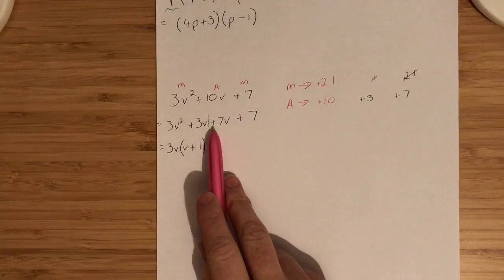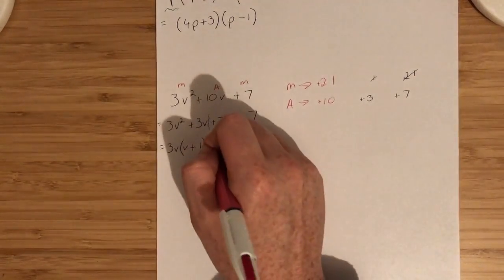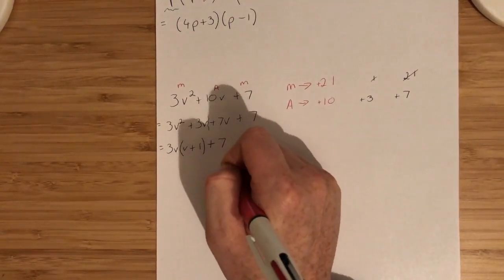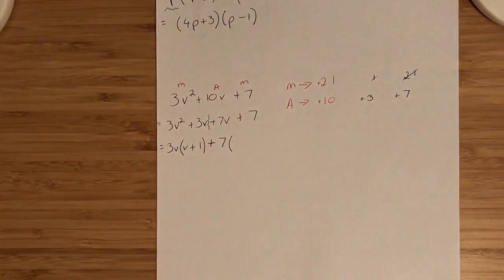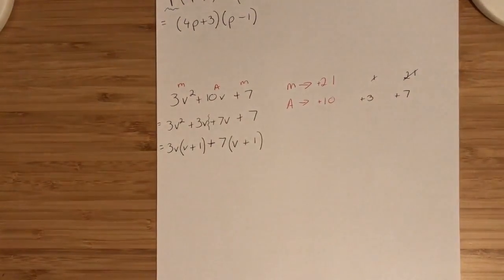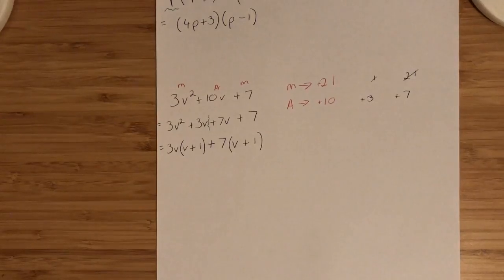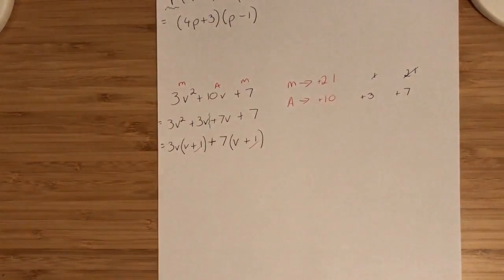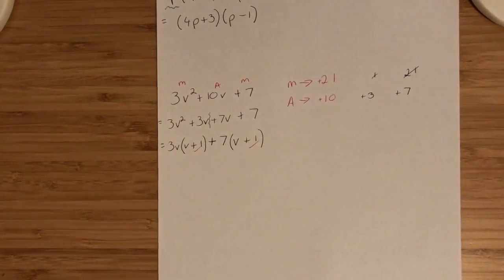Then we've got a plus here, which is different from the ones we've done before. So you've got plus 7v plus 7. Highest common factor is 7. Open the brackets. And again, you have v plus 1. So it looks good. You've got a repeated bracket there. You've got v plus 1 and a v plus 1. So that is our first bracket in the solution.